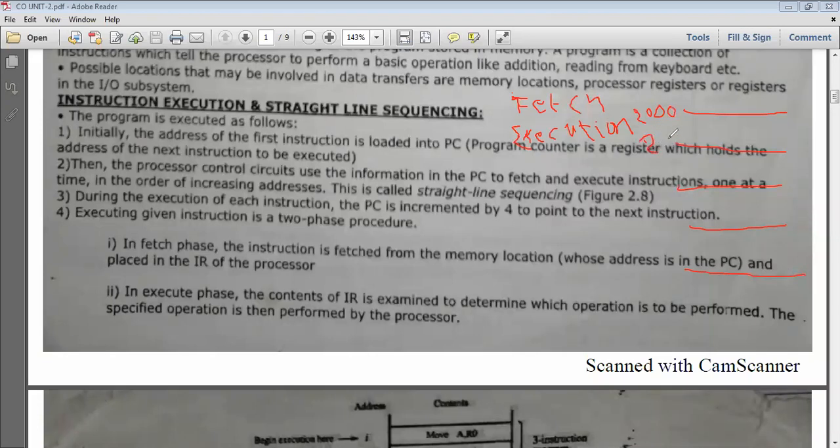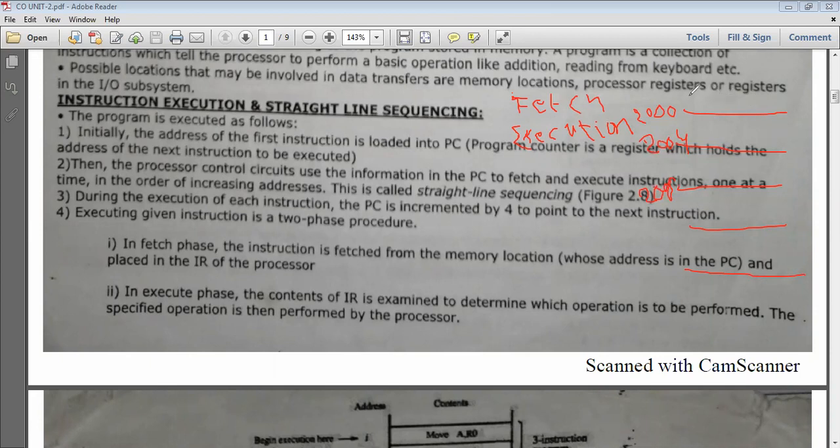Why do we take a difference of 4 between the locations? If you take a 32-bit processor, each instruction is byte addressable, so we take 4 memory locations to store the instruction. The memory location is incremented by 4, and the next location will be 2008. In this way, all the instructions are stored in particular locations.